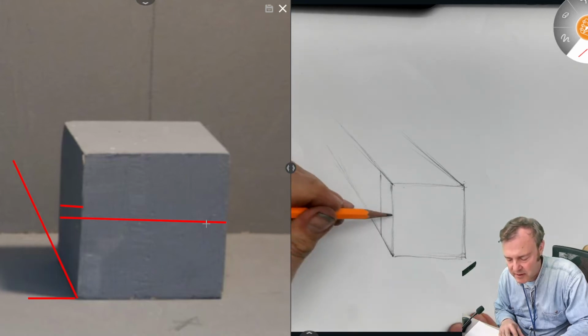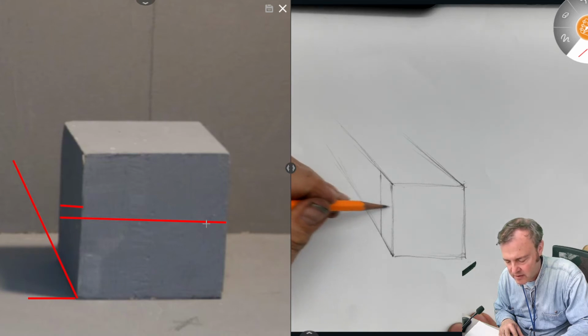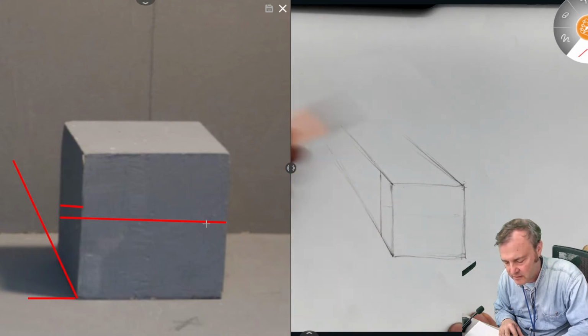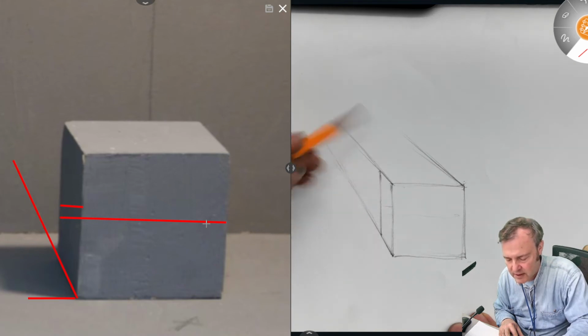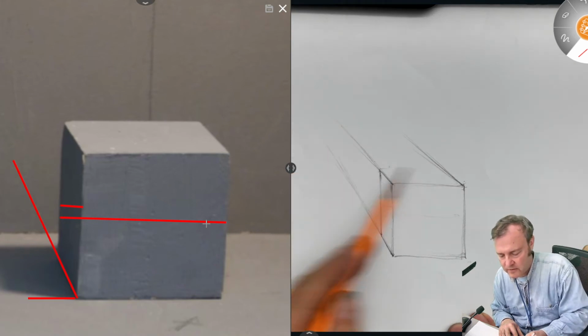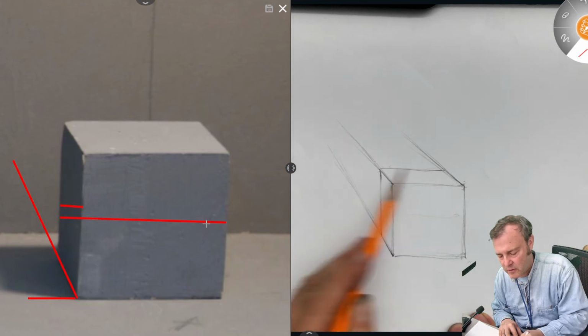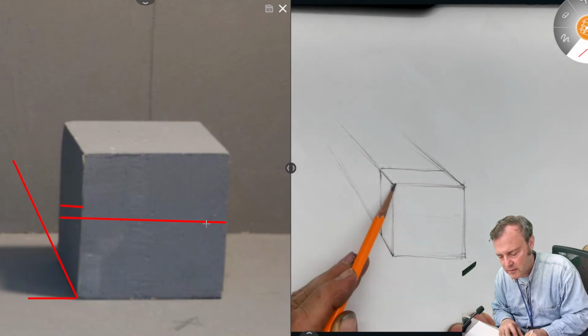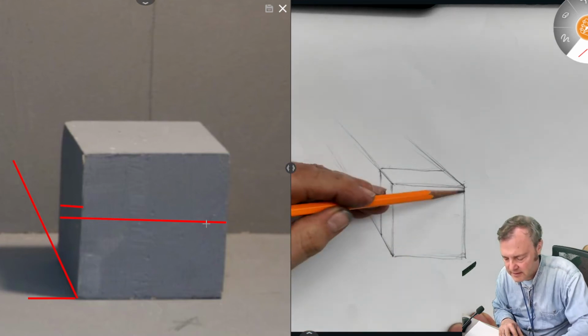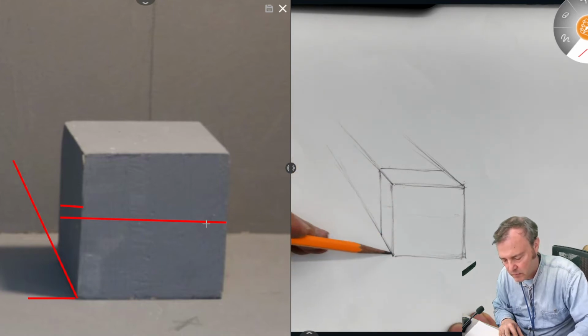Don't think about how far it is from this corner to this corner. Just think about this distance compared to this distance. And once we do that, we just come around the corner up here, and that's the outline drawing of the cube.